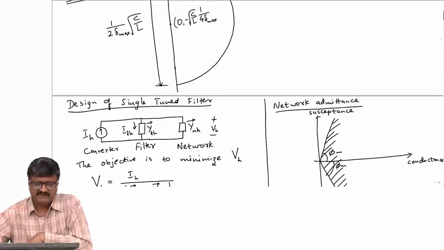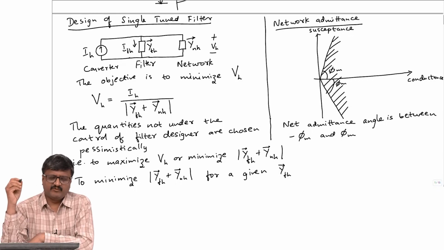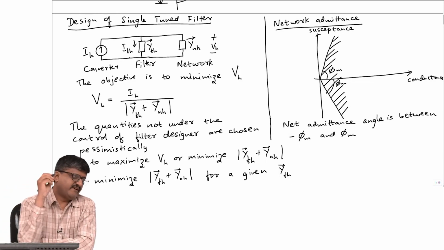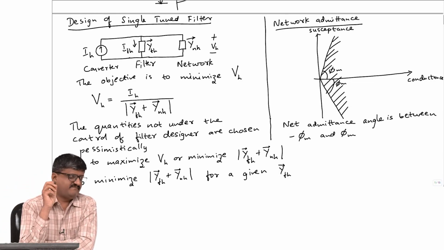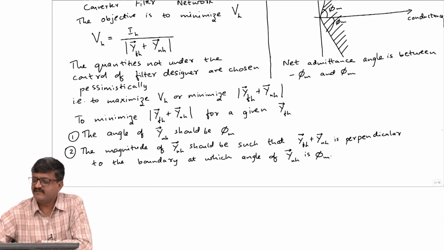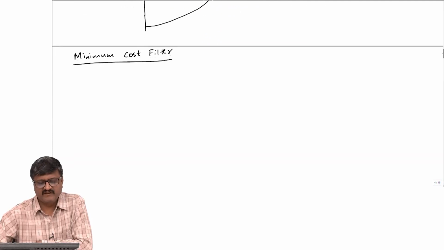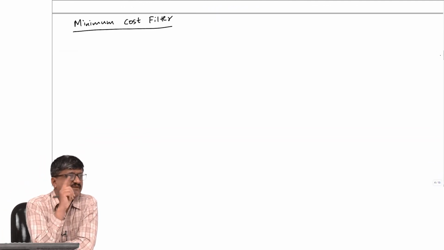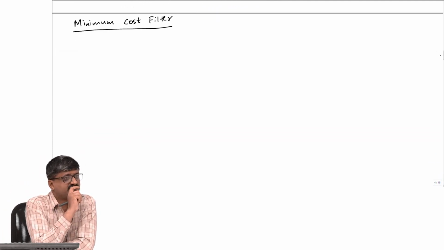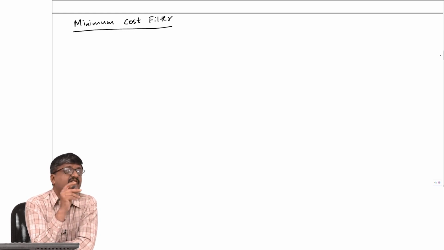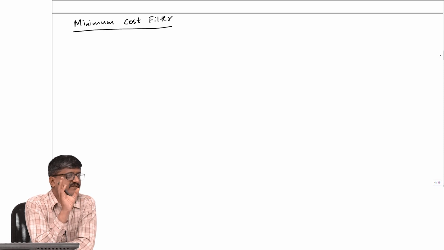If you look at this figure, the current through the converter is IH, the current through the filter is IFH. So, the two are not same. IFH is a current which will flow through the filter. Any other harmonic current will flow. Please note, it may not offer infinite impedance to other frequencies, though it is a very large impedance, it is not infinite, so it may flow.